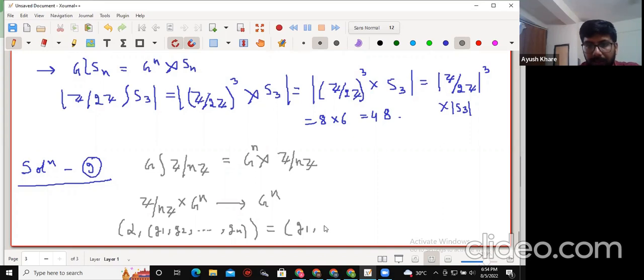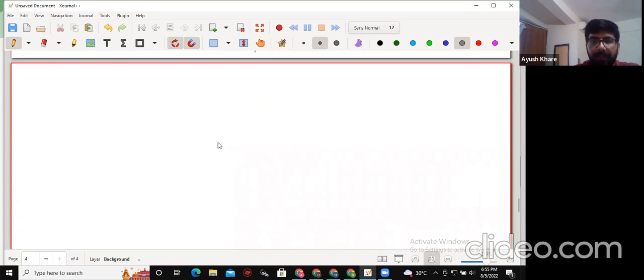You have G1, G2, up to Gn. Now here the group operation is just a product because you are having G raised to n. So it's a product group of groups. So it is G1 raised to n, and so on to Gn raised to n. Okay. So this is the definition.